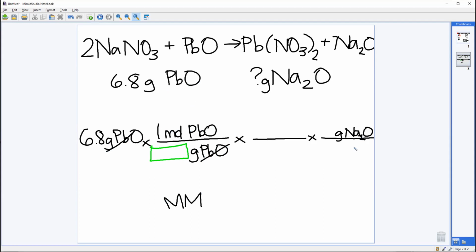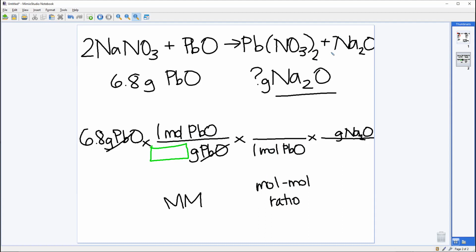Okay, now, since 1 mole of lead oxide is on the top here, I know that that has to be on the bottom here, okay? Because this is going to be my mole to mole ratio here. Since I'm trying to solve for Na2O, I'm going to go to my balanced equation, right?